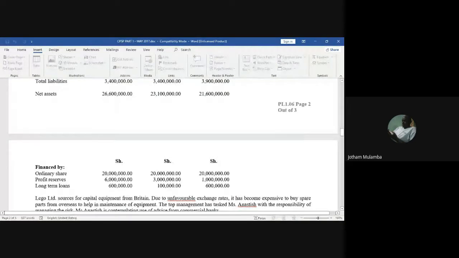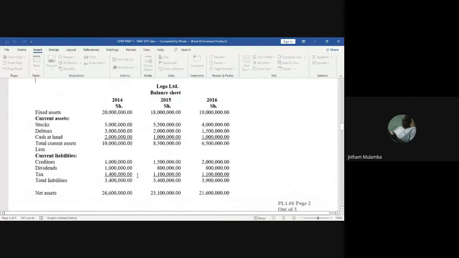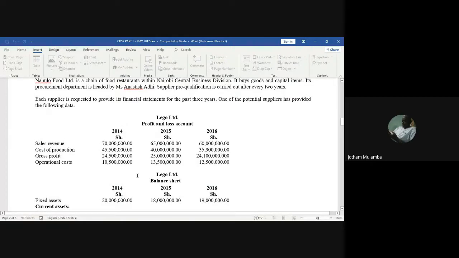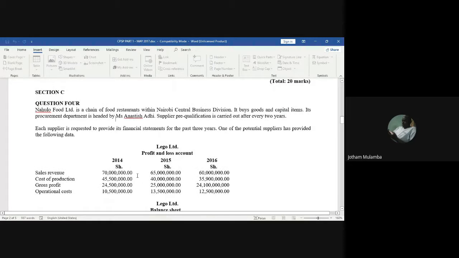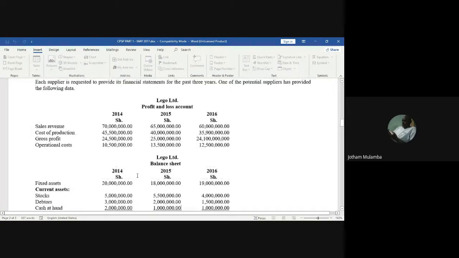So I can go back to the question. Now from the question we don't have net profit but we have gross profit. For us to get net profit, it is gross profit minus expenses.